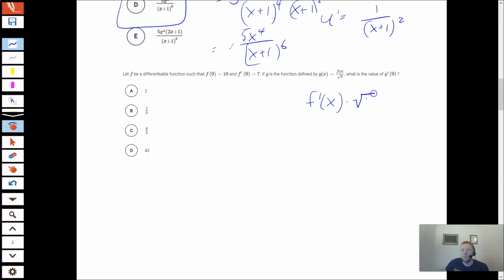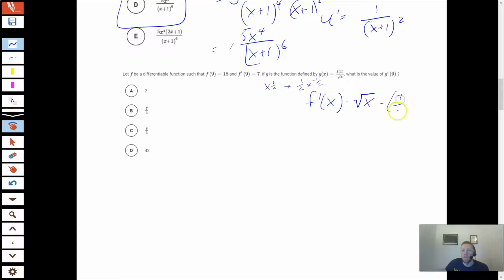times the bottom, square root of x, minus, now this you might be like, this is a rule I don't know, but this is really x to the 1/2, right? So if it's x to the 1/2 power, then the derivative becomes 1/2 x to the negative 1/2. So same rule, I just subtracted 1 and multiplied. So minus, I'll do all of that in parentheses.